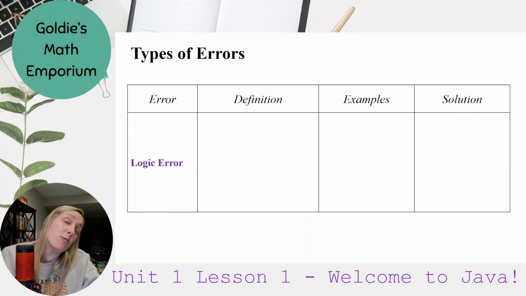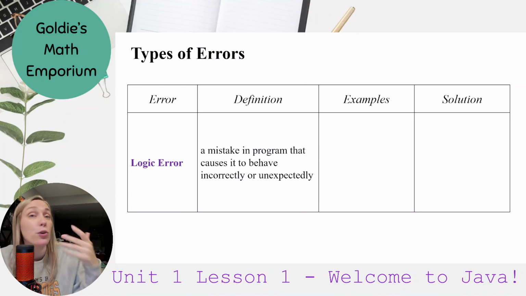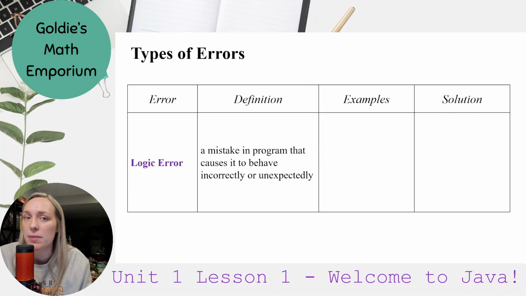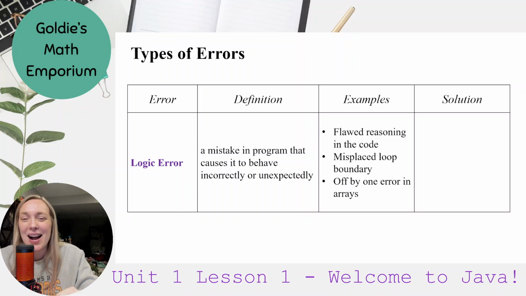The next type of error is what's called a logic error. And this happens when you have a program that can run, but it doesn't behave like you expect it to behave. There's something that happens unexpectedly or incorrectly and it's just not what you wanted out of your program. And some ways this happens might be flawed reasoning, misplaced boundaries in loops, what we call an off by one error.